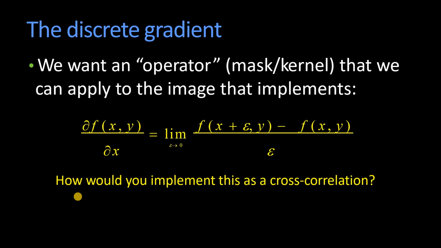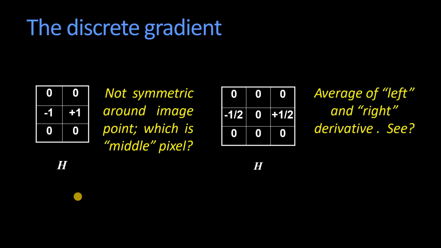So we want to use the operator or the mask or kernel that we can apply to get the same results, and these are the operators that we will be using. There are many kernels that you can use to get the desired result of having a derivative. One of the examples is this kernel.